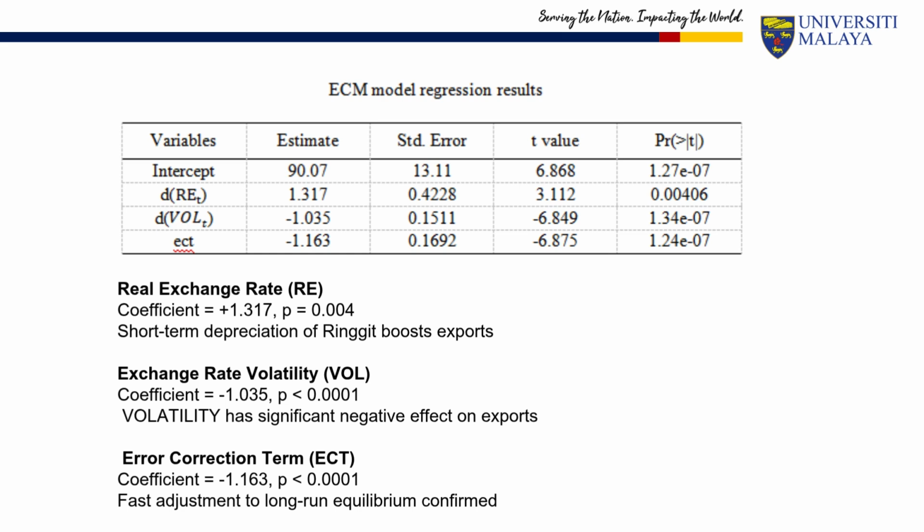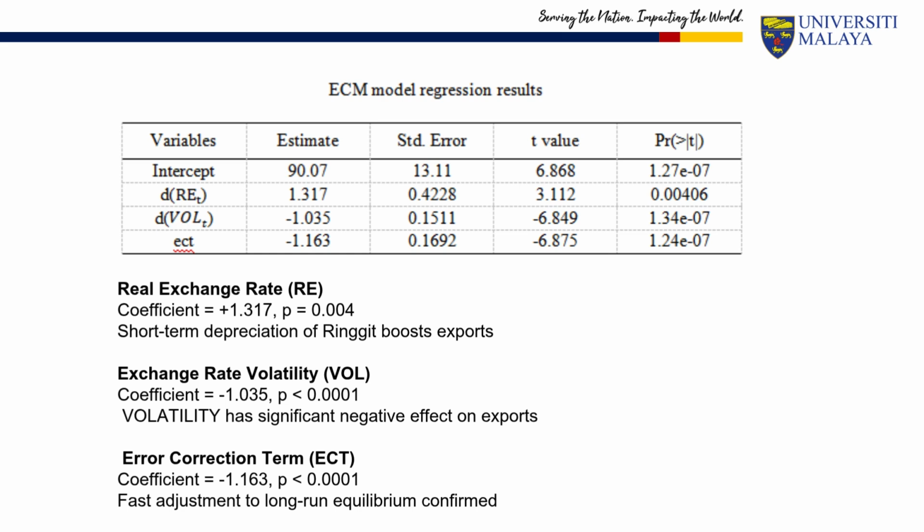And now we can see the ECM regression results. First, the real exchange rate has a positive and significant effect. A weaker ringgit helps increase exports to China, especially because of price competitiveness. Second, exchange rate volatility has a strong negative effect.